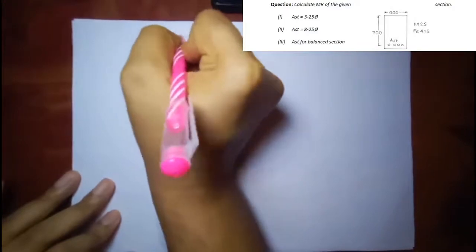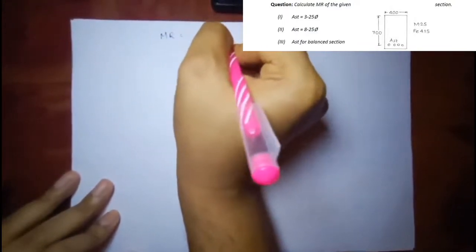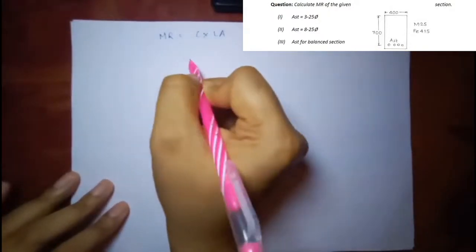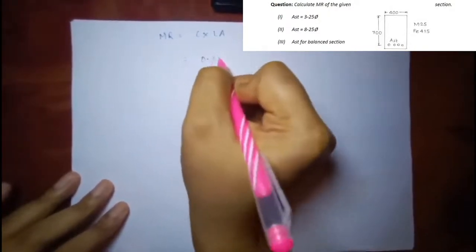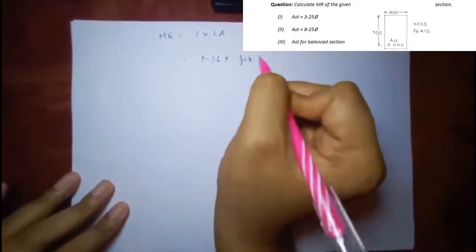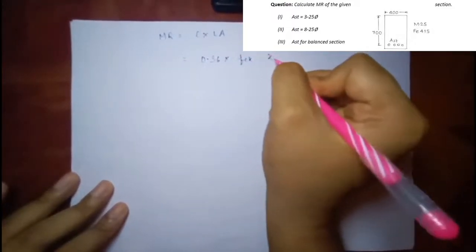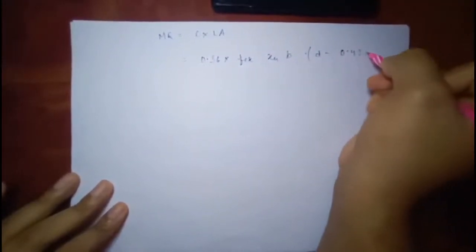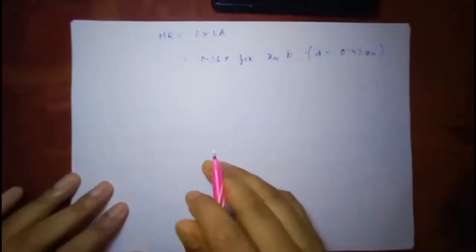Now what we will do is calculate the moment of resistance, that is MR. Let's calculate from the compression side. From any side it will do. MR is equal to C cross LA, and it is equal to 0.36 FCK XU B multiplied by D minus 0.42 XU, which is our lever arm.